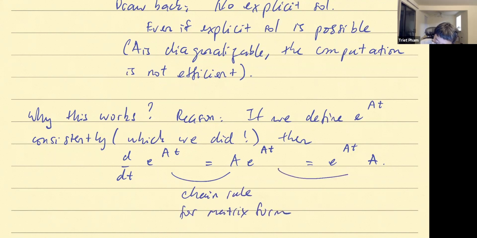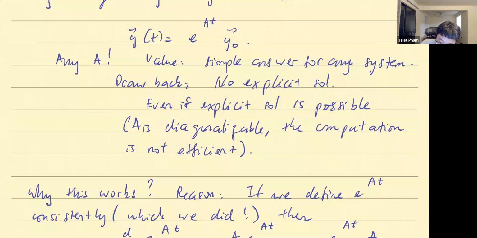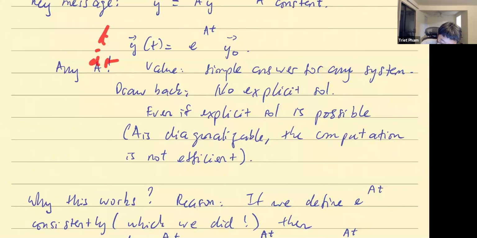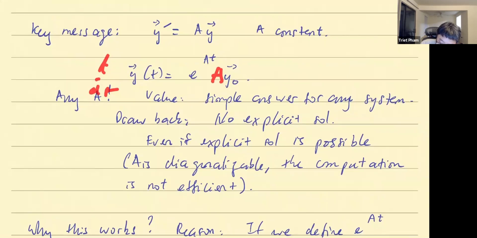And the reason is because e to the At and any power of A commute. Exactly because of this, you see that when you differentiate both sides and you bring the A down, you get exactly y prime equals Ay. Okay. And that's the reason.